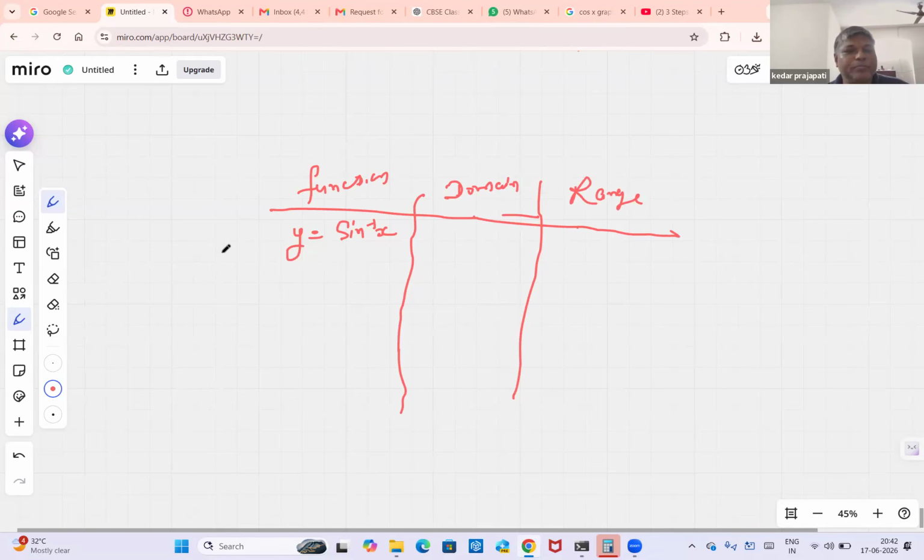So for the function y equal to sine inverse x, the domain is minus 1 to 1, and the range is minus pi by 2 to pi by 2. Clear?